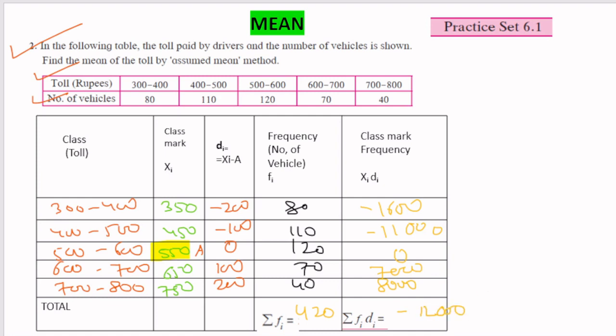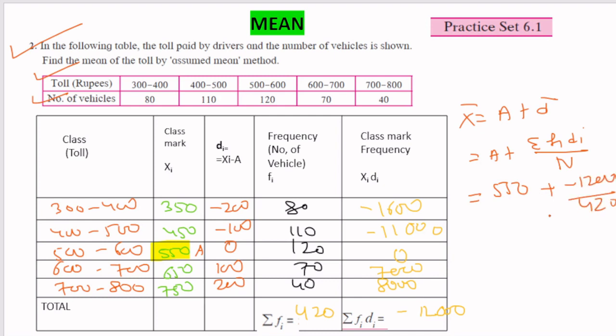Okay. Now what is the mean? In the formula, x bar is equal to a plus d bar. And how to calculate d bar? Same thing: summation fi di divided by n. N is nothing but again the summation of fi. So what is a? We assumed 550, and summation fi di is minus 12,000 divided by 420.